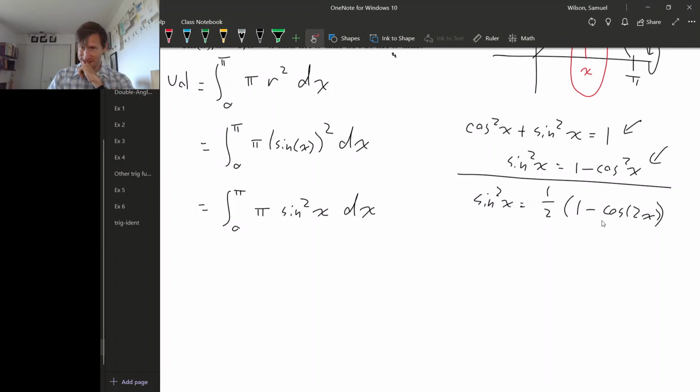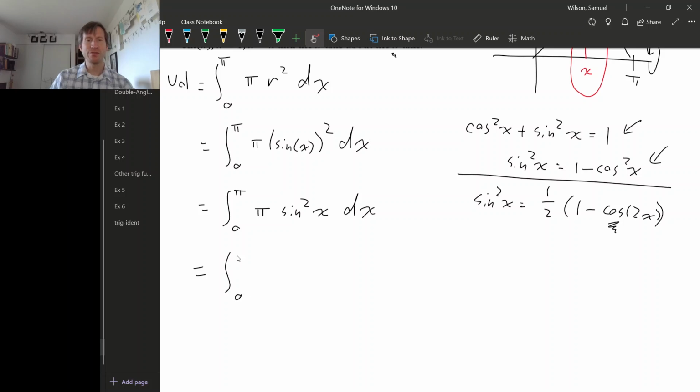This identity is going to turn our integrand that has a square of a trig function into just a single power of a trig function. And that seems like a good thing. We know the antiderivatives of first powers of trig functions better than we do second powers of trig functions. So this seems promising. So let's go ahead and use this identity.